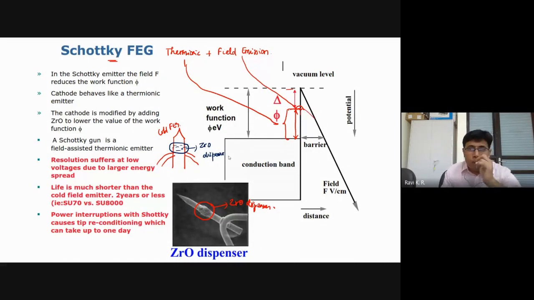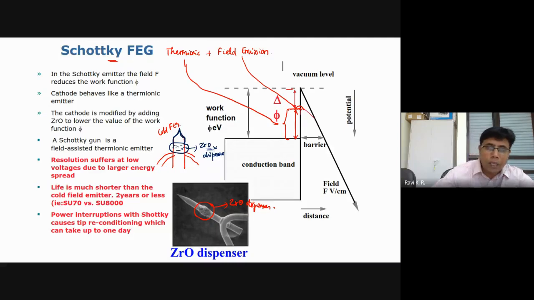The role of this ZrO dispenser is this: when you heat this entire arrangement, it will form a layer of ZrO on these surfaces. It may not be ZrO2; generally we call it ZrOx.